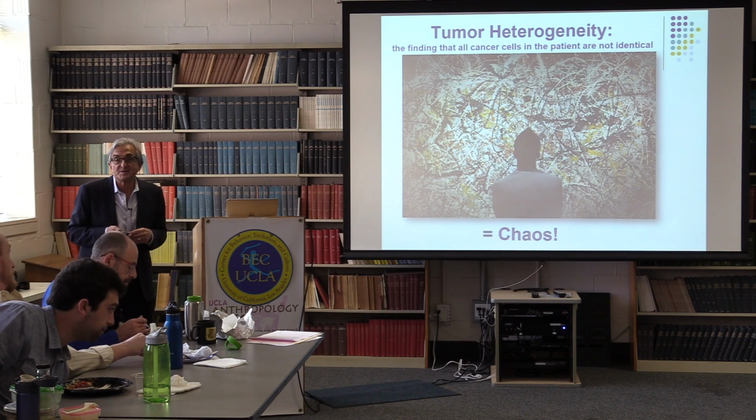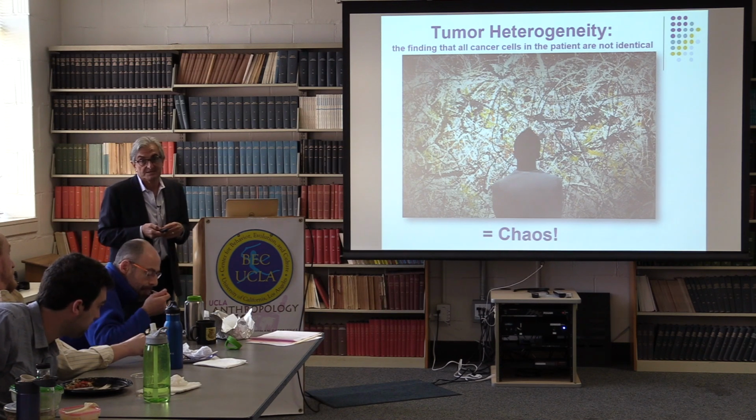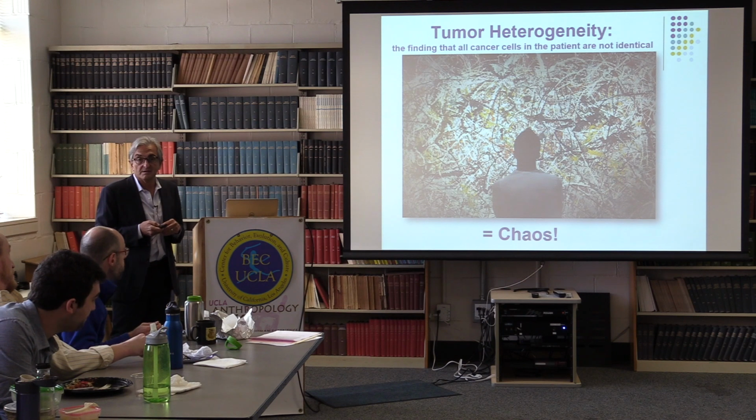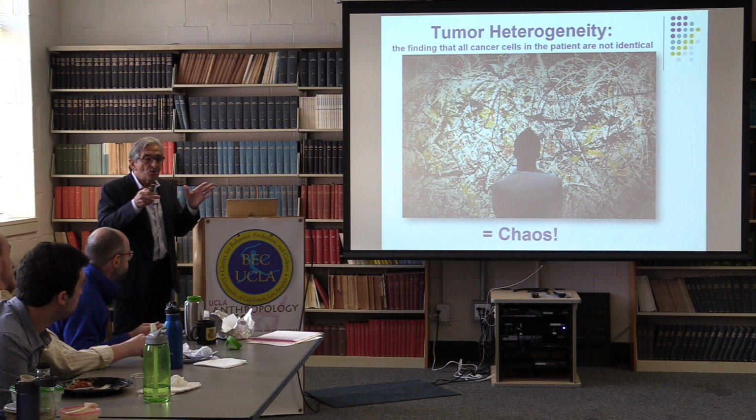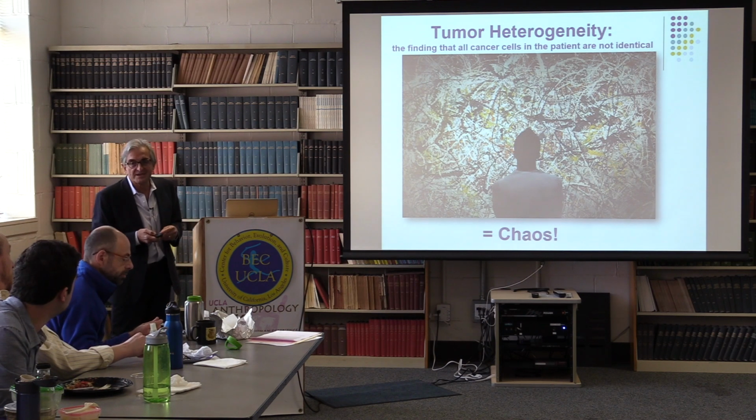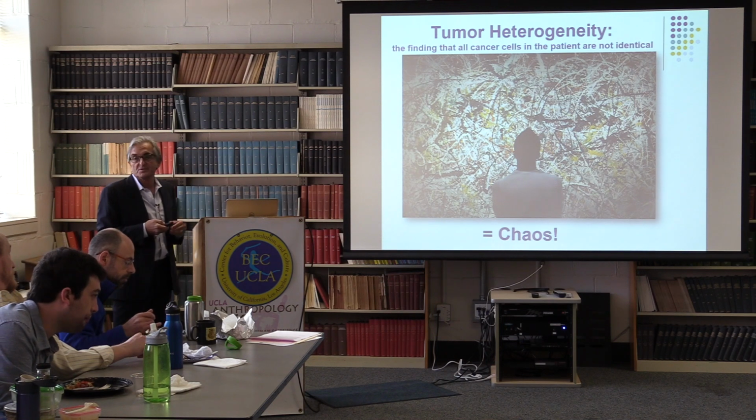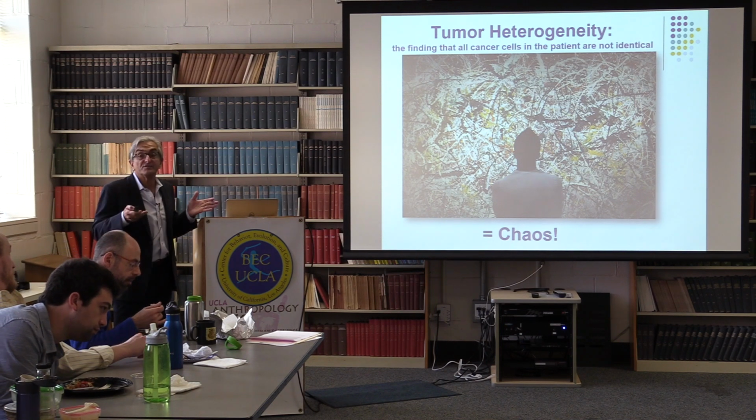So from a clinical perspective, it seemed like total chaos, like this Jackson Pollock painting here. No way that you could devise a strategy that could get through this problem if you thought of it as chaotic.